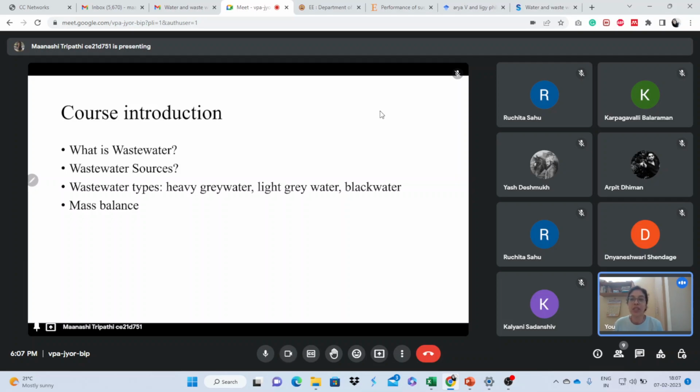From where is this wastewater coming? We have already discussed there are many activities that we do. The wastewater can be of domestic source, meaning whatever activity we do in our houses. The other source can be industrial.